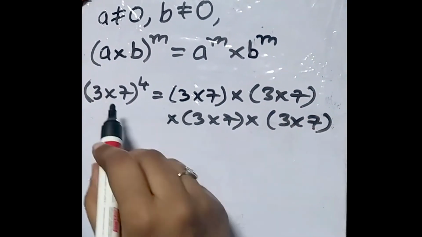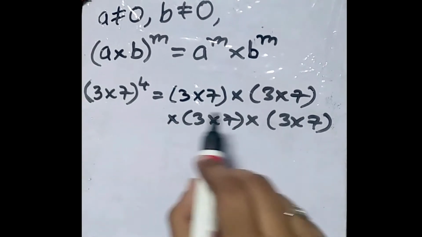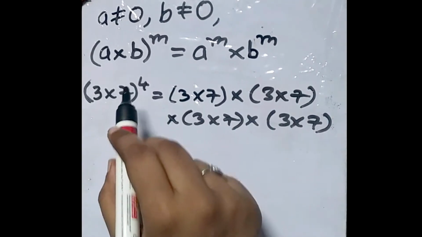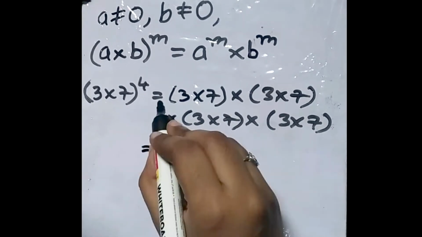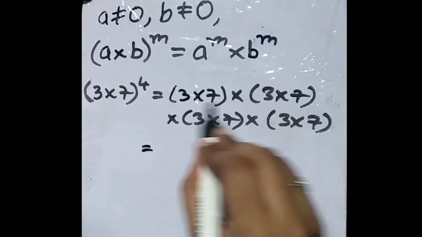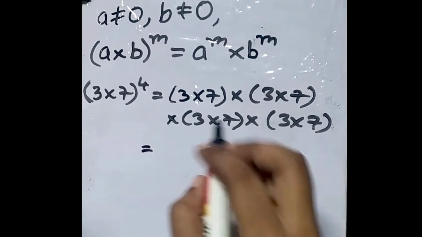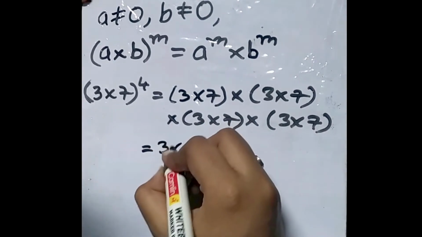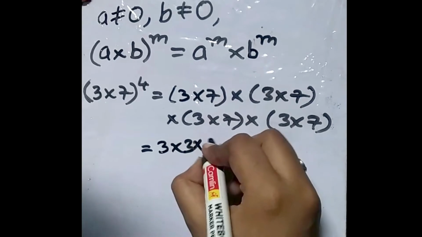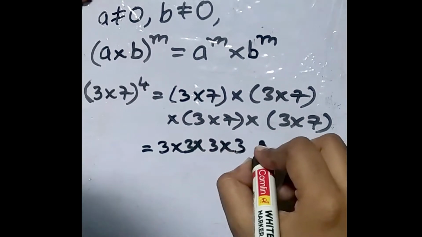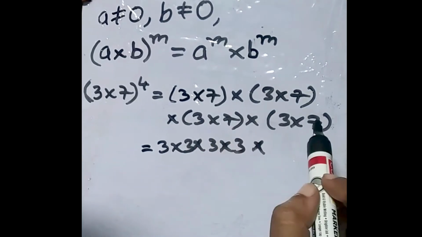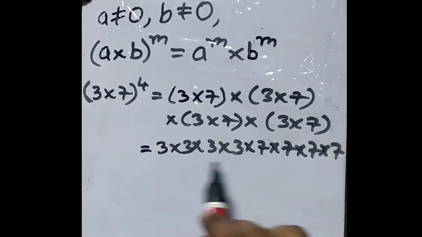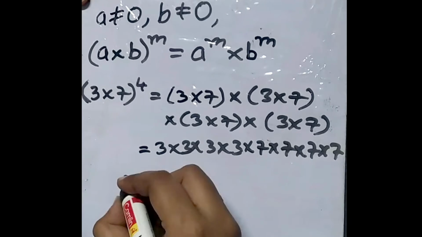Now, the total 3 we have taken how many times? 1, 2, 3, 4. 4 times. 3 into 3 into 3 into 3, and 7 also we have taken 4 times.